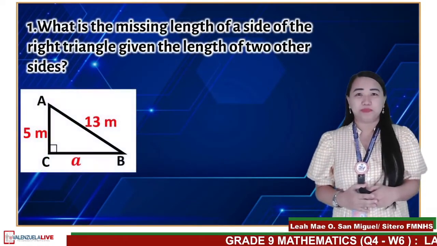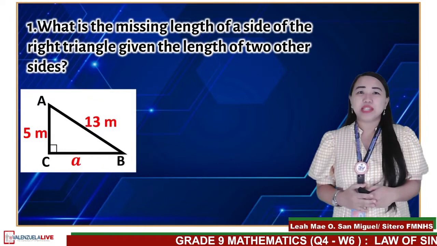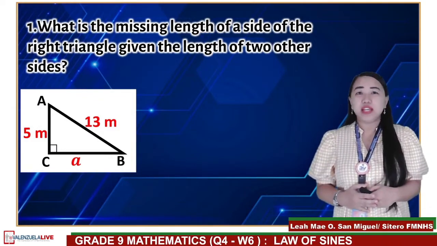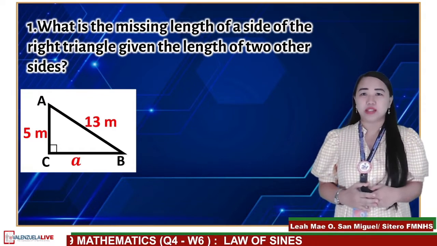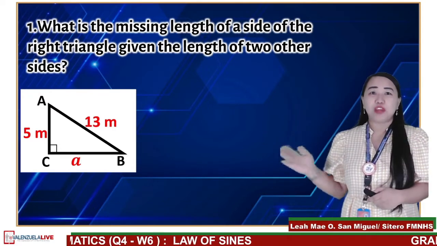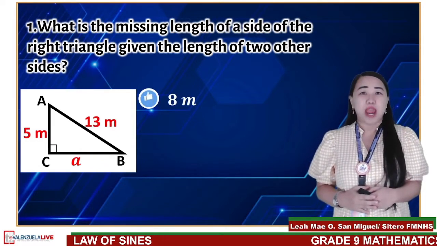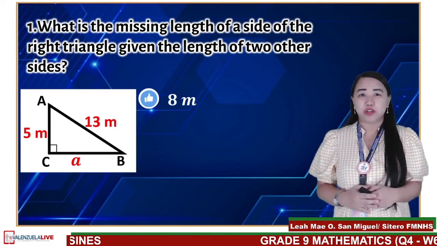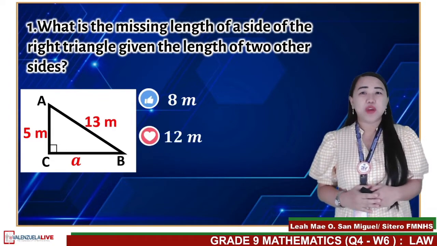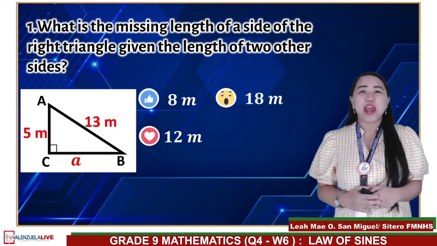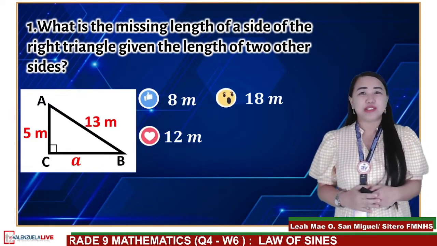Number 1. What is the missing length of a side of the right triangle given the length of two other sides? Refer to the given figure. Click like react if your answer is 8 meters. Heart react for 12 meters. Wow react for 18 meters.